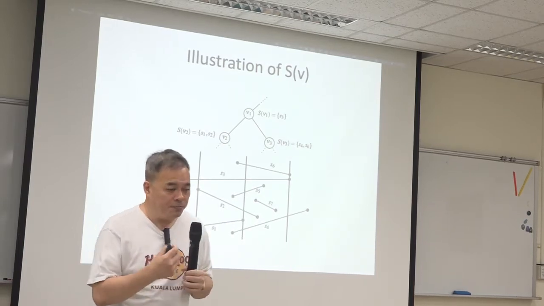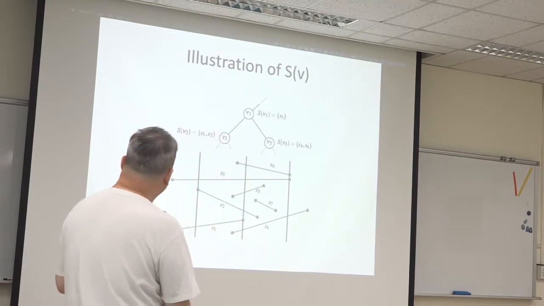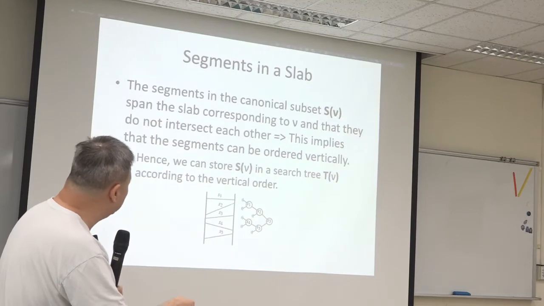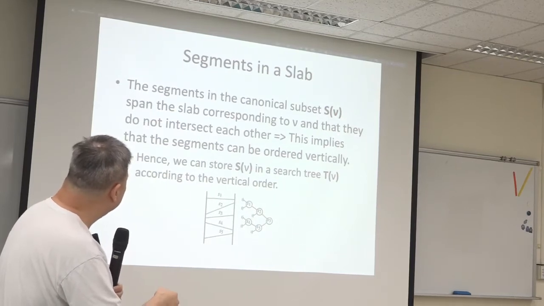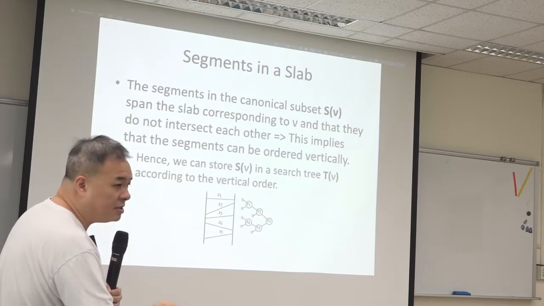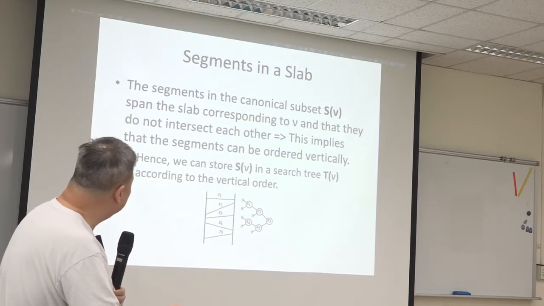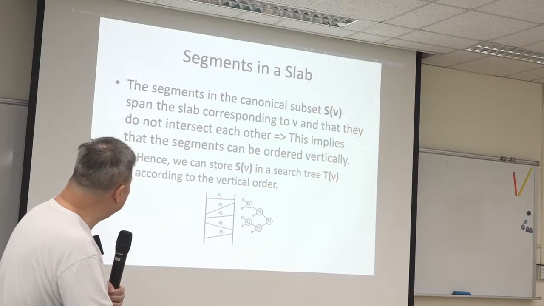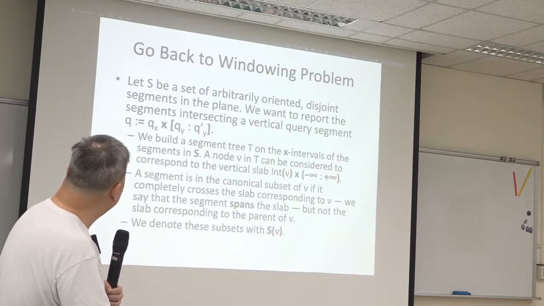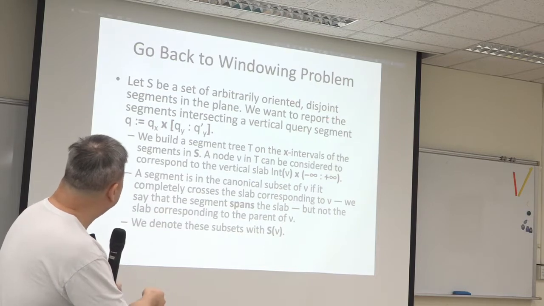So the segments in the canonical subset SV span the slab corresponding to V. That's exactly what I just talked about. And they do not intersect each other. Remember, previously we talked about disjoint segments.